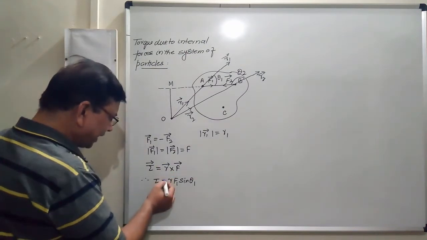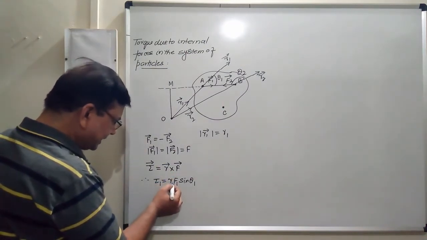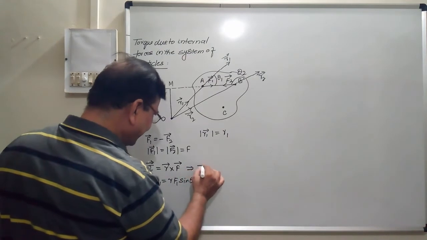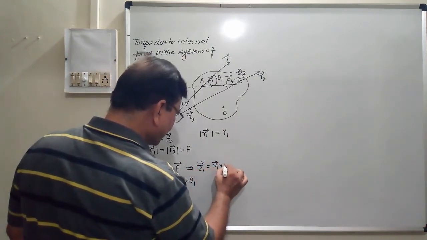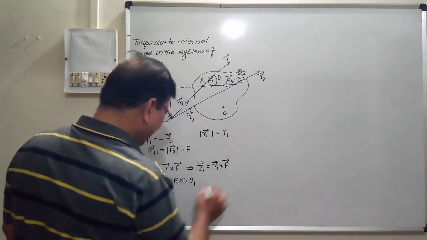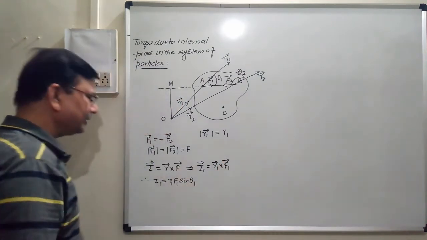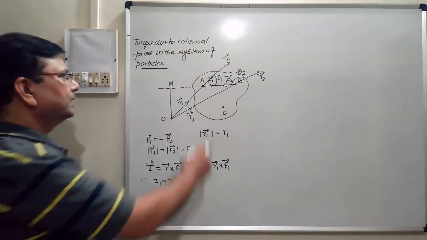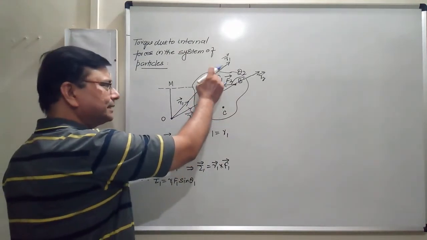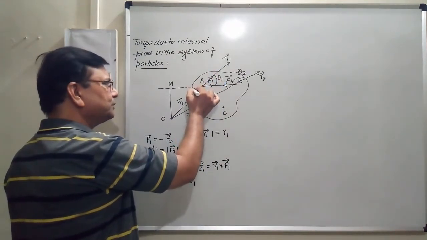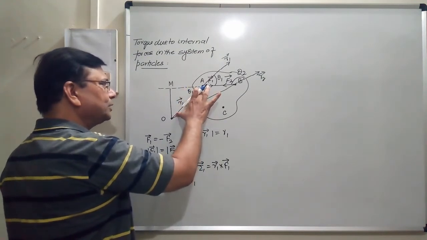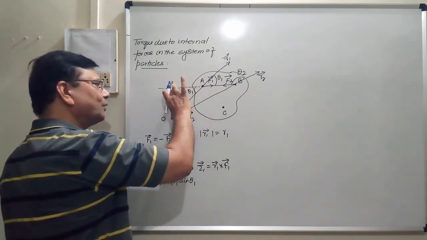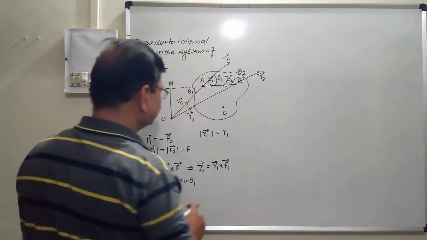So here, I can write tau 1 is equal to R1 cross F1, and here R1 F1 sine theta 1. This angle is theta 1, so this will also be theta 1, and this length is R1, so R1 sine theta 1 is OM, right?